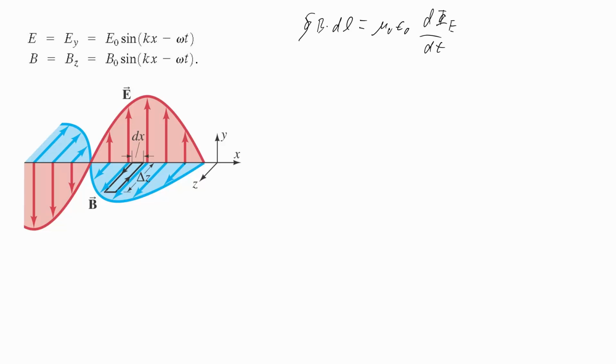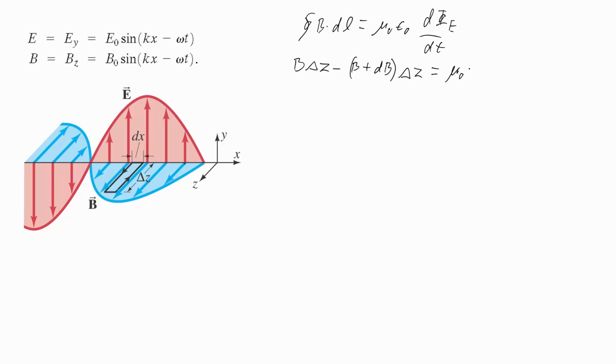So here on the way out, I'm going to take the smaller value of B though. So I'm going to have B times delta z, where delta z is the length out here in the z direction, minus, when we're coming back in the loop here, now I've got the bigger magnetic field, so I'm going to say B plus dB is the magnitude of that magnetic field, again times delta z.